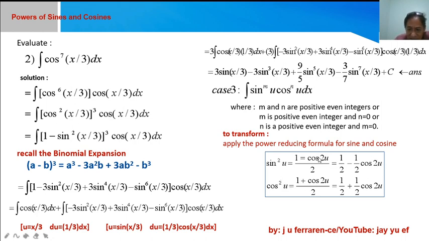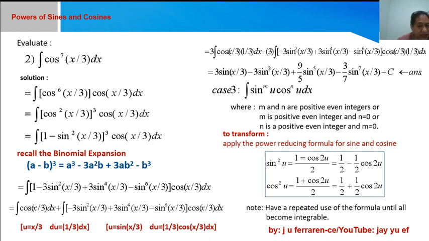So if this is u, just double the angle in the cosine term. If that is a square of a cosine u, then the formula will be the same except the sign changes from negative to plus. Separating every term by dividing with 2, 1 half plus 1 half a cosine of the double angle.